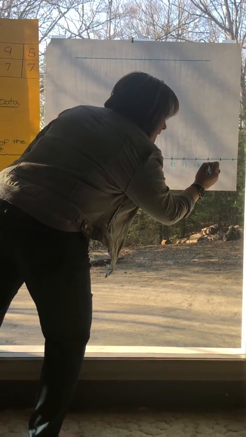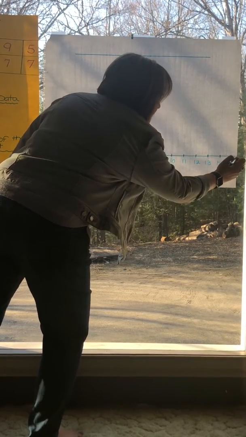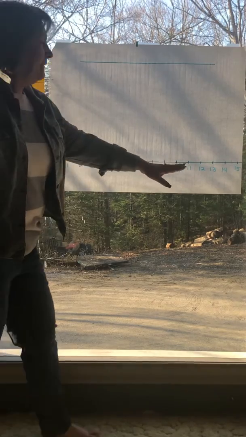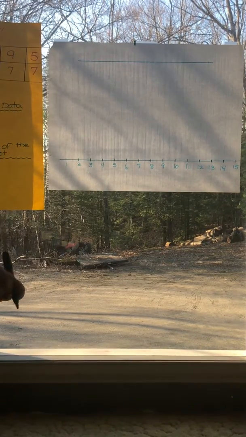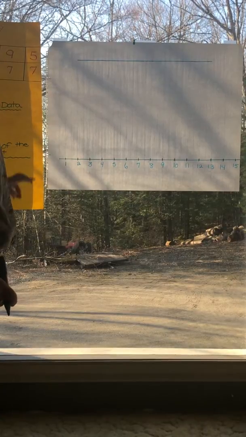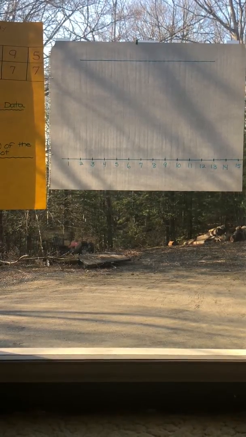Well, 13, oh, just made it, 14 and 15, because we needed that 15 in order to show that on one day, those chickens produced a lot of eggs, 15 in one day.